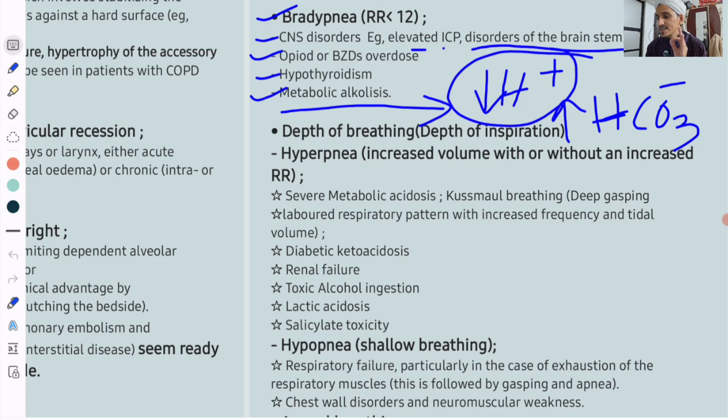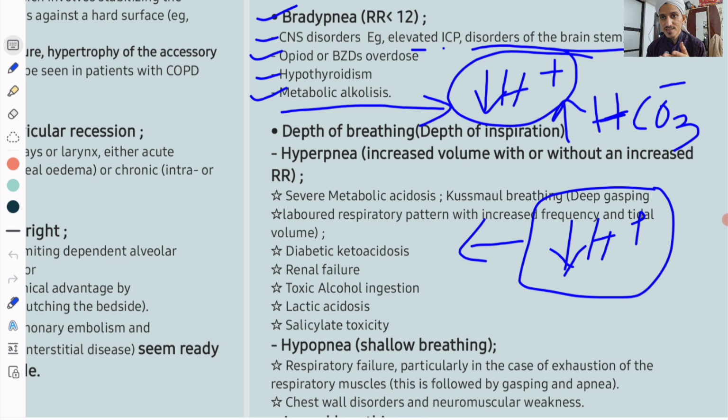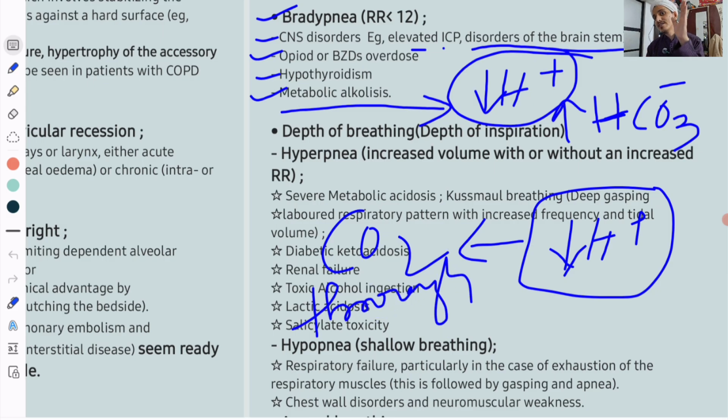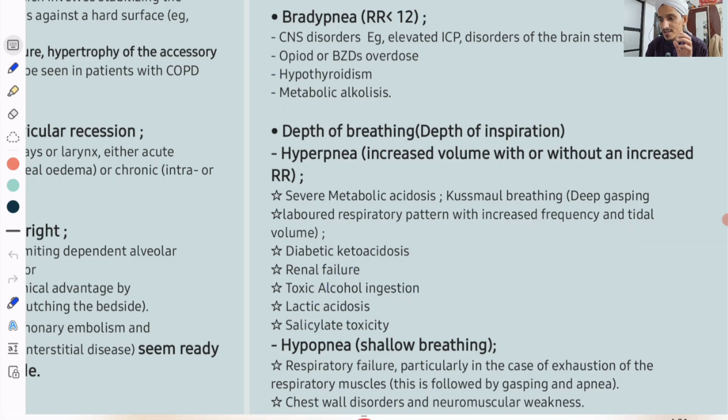Because there is decreased H plus, the respiratory center will think that there is so much increased respiratory rate, so much excretion of carbon dioxide through the lungs, that's why the H plus is decreased. The respiratory center will reduce the rate of breathing. That will cause bradypnea. That's the mechanism in metabolic alkalosis. So remember these four important causes: CNS disorders, opioid and benzodiazepine poisoning, hypothyroidism, and metabolic alkalosis.